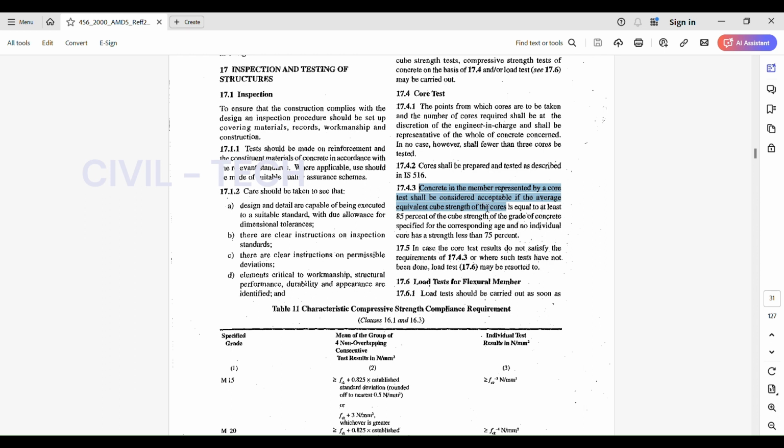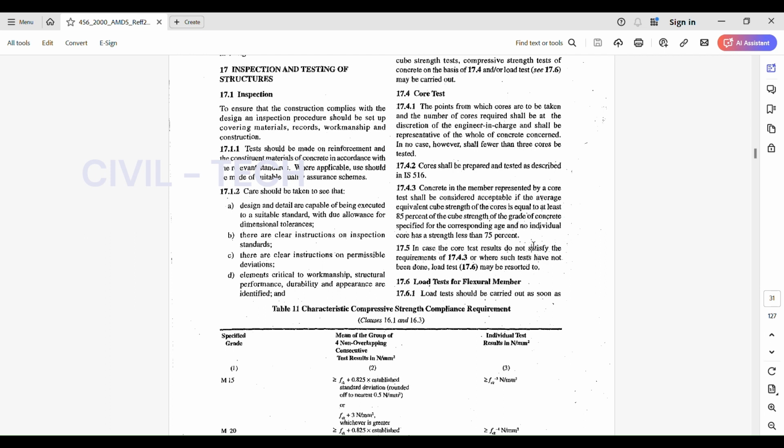Concrete in the member represented by a core test shall be considered acceptable if the average equivalent cube strength of the cores is equal to at least 85% of the cube strength of the grade of concrete specified for the corresponding age, and no individual core has a strength less than 75%.